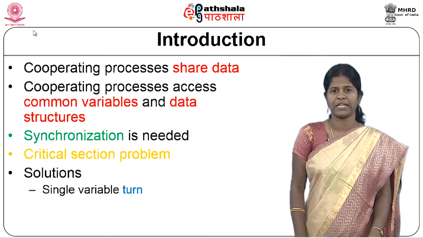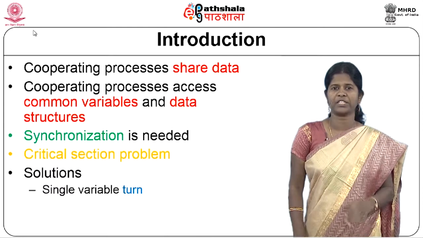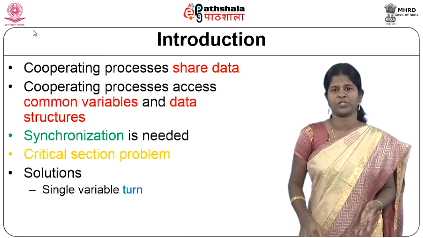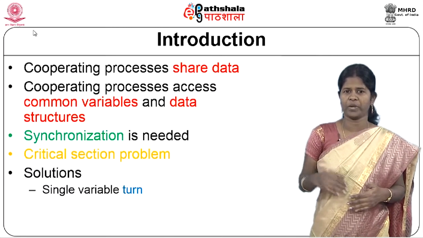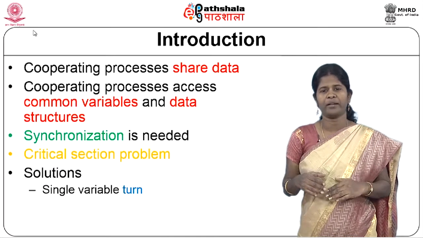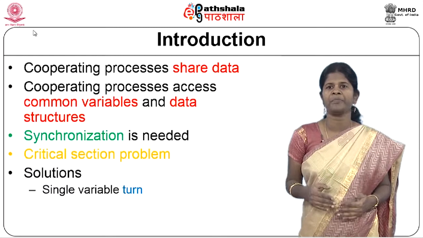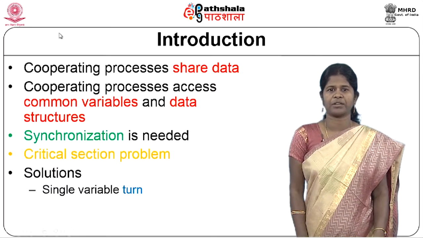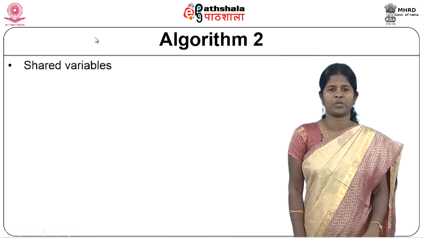Progress was not satisfied because in the algorithm there was a strict alternation between two processes. That is, if process P0 enters the critical section, then process P1 has to enter next, and so on: P0, then P1, then P0 and P1. Only in that manner can processes enter the critical section. For this reason, we will see another solution today.